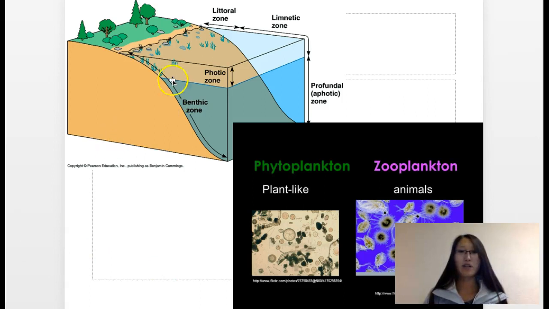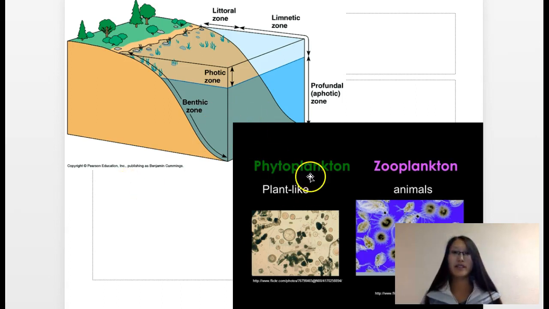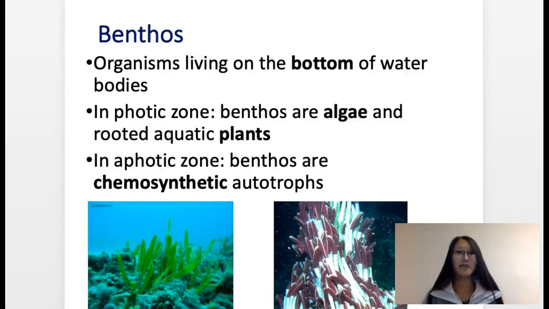If you look at this picture right here, it tells you the photic zone is on the top, and then we have the aphotic zone that does not allow photosynthesis. Here are pictures of phytoplankton and zooplankton. Benthos, you don't have to memorize this, but just understand that there are also organisms that can live in the aphotic zone.